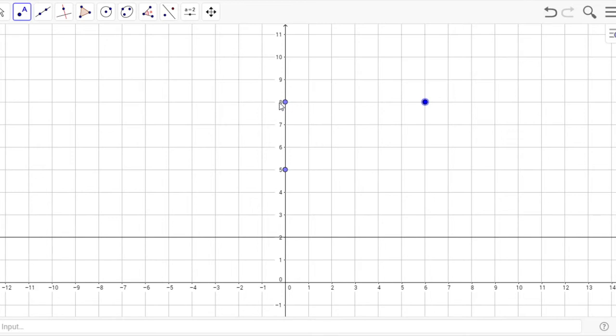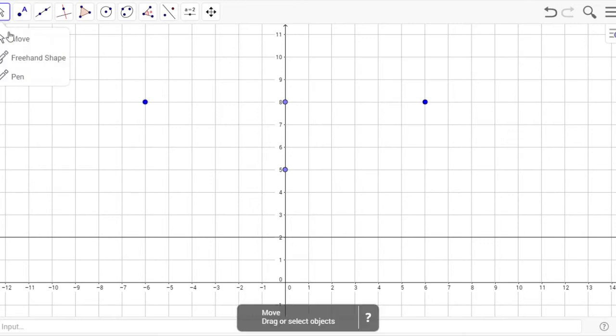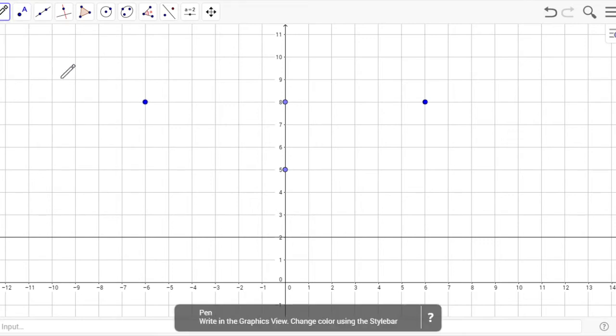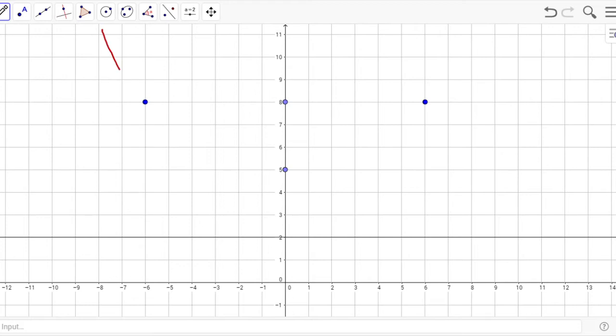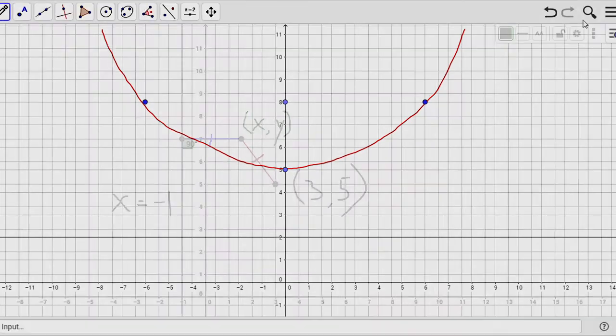And then we can do the exact same thing over here, moving 6 units that way and still 6 units from the line. So now we have our 3 principal points, and we can take a guess at what the shape of our parabola looks like. Probably looks like that, and it goes through those 3 points.